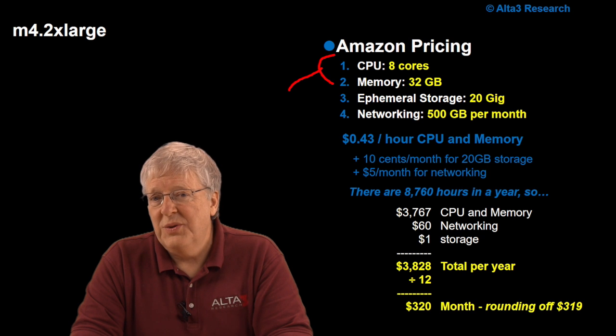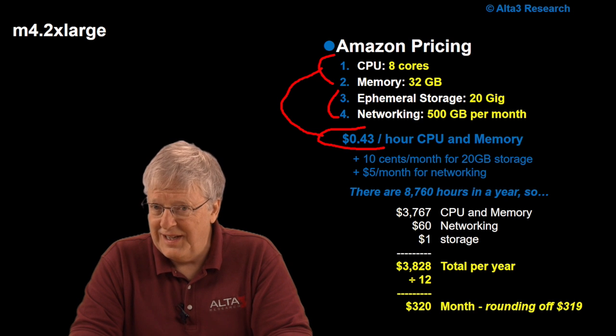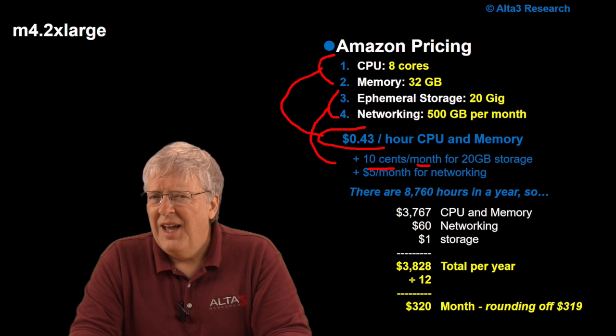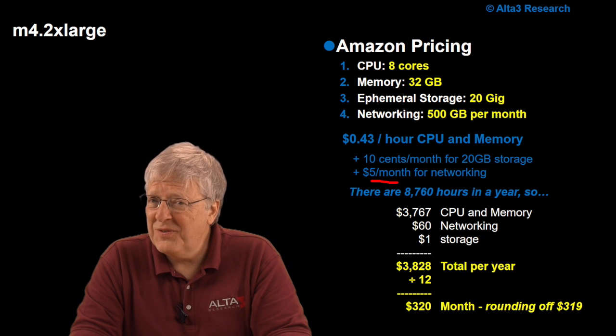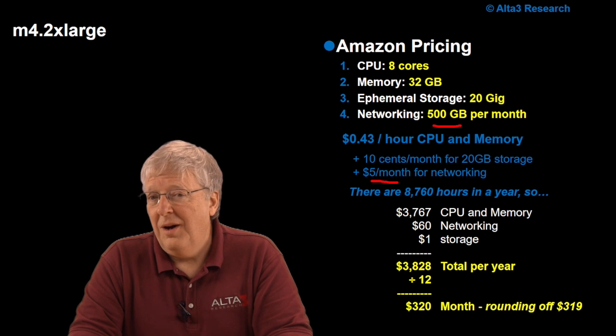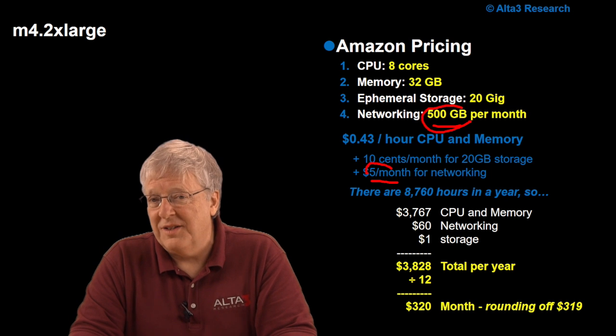So items 1 and 2 are 43 cents an hour. Now contrast that with the ephemeral storage and the networking, which is based on a month, and it's 10 cents a month for the storage and $5 to move 500 gig of data. Wow, I wonder if I'm going to move 2 terabytes. Well, then it would be $20 a month.